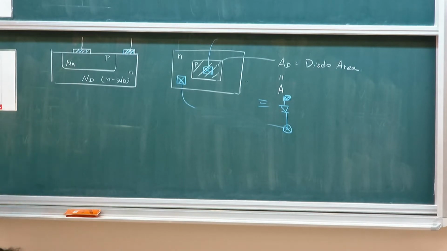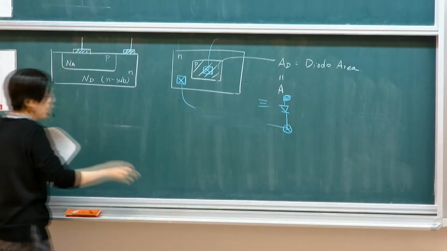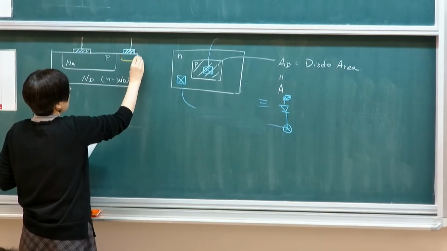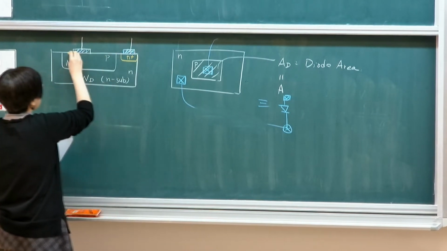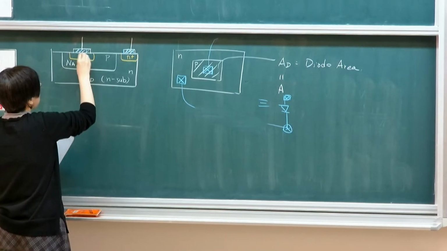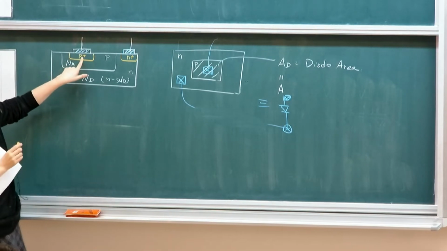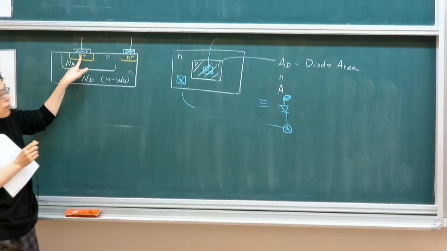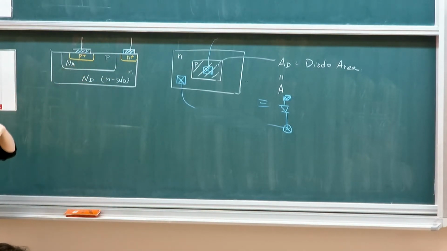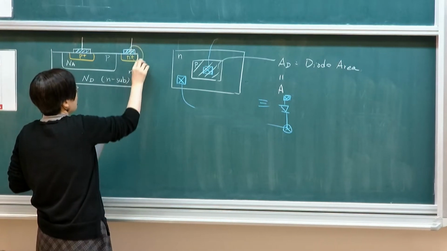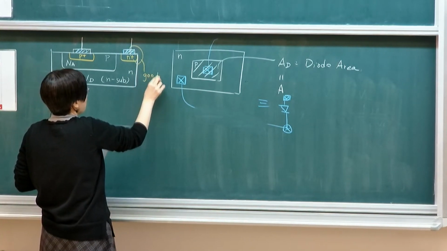And I want to mention, just to make sure that I didn't make a mistake, in real practice you actually see this type of structure. If you're making a real device, make sure that you have these two underneath. This is just to make sure that the metal to semiconductor contacts are good.